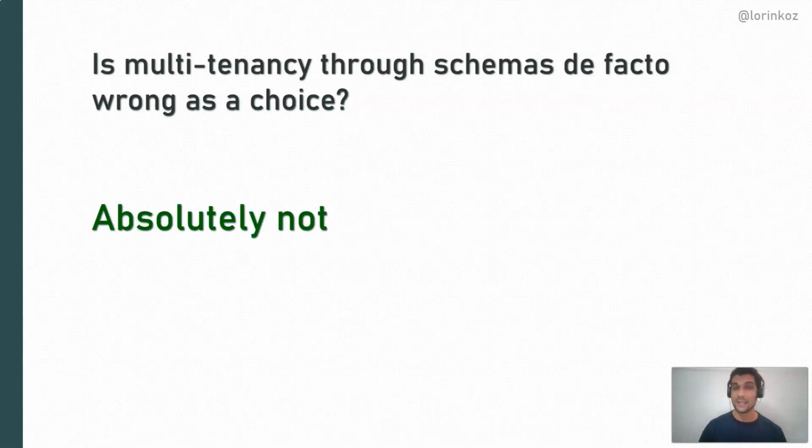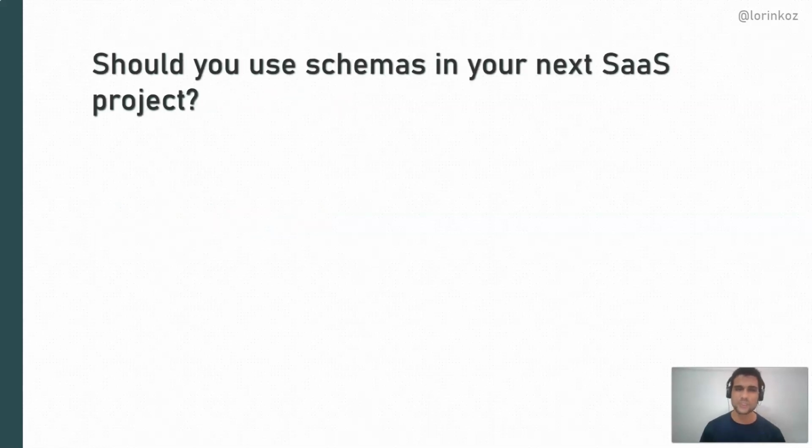Well, the answer is absolutely not. There are a number of perfectly valid use cases for using schemas where you don't even have to worry about the practical limits. As a matter of fact, there are a number of businesses already thriving by using schemas by means of using multi-tenancy.